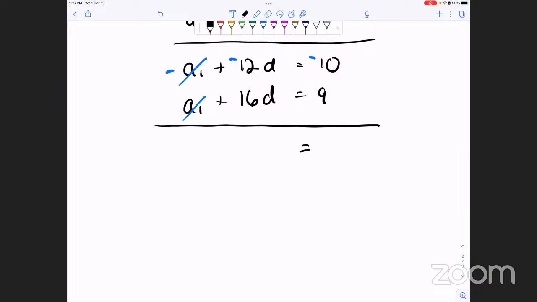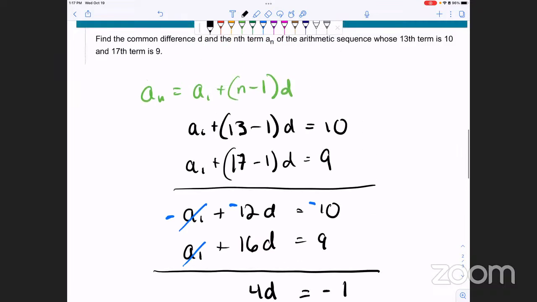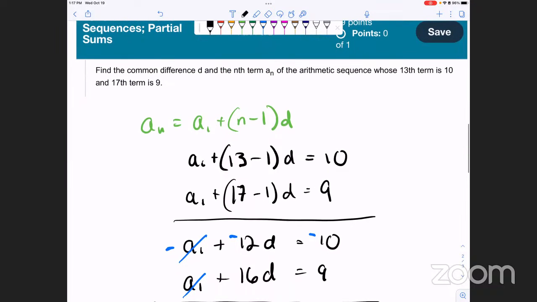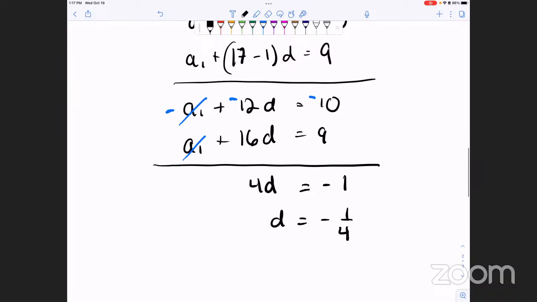We get 4d, which equals negative 1. Divide both sides by 4: d equals negative 1 over 4.